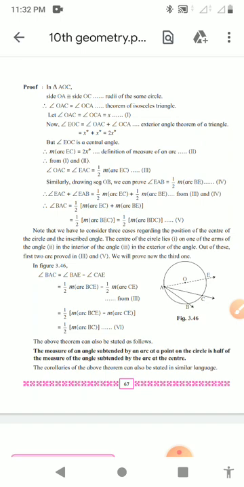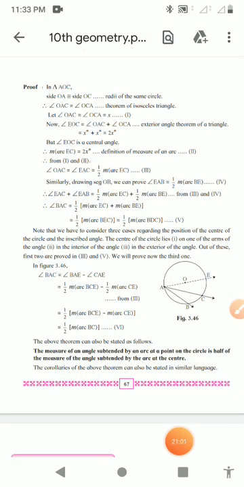Now, half is a common term, so we write it as half of the measurement of arc BCE minus the measurement of arc CE. And if we subtract arc CE from arc BCE, we will get only BC. So finally it is half of the measurement of arc BC. I will give this as equation number 6, that is, angle BAC equals half of the measurement of arc BC.